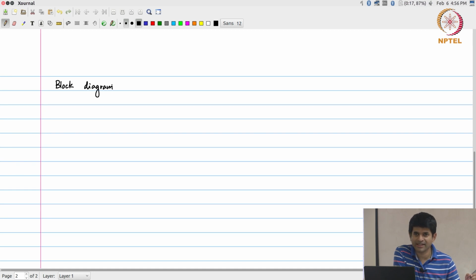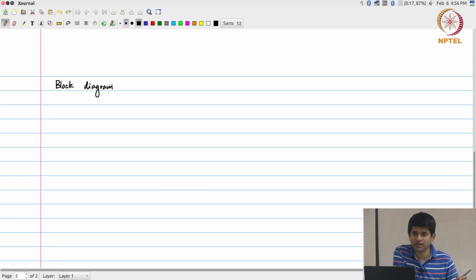The idea of a block diagram is simply this. You are almost drawing it like a circuit diagram, okay, but using certain kinds of blocks with specific shapes in order to represent certain kinds of functionality, right.